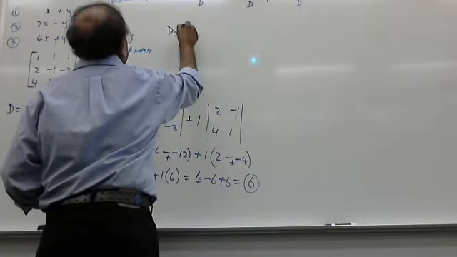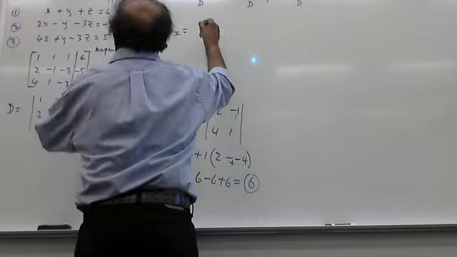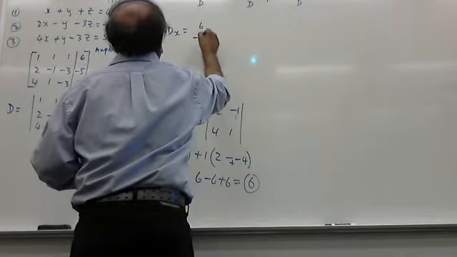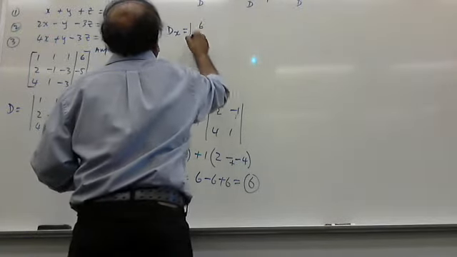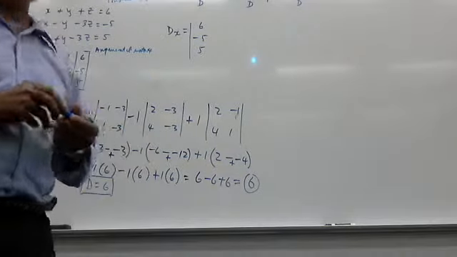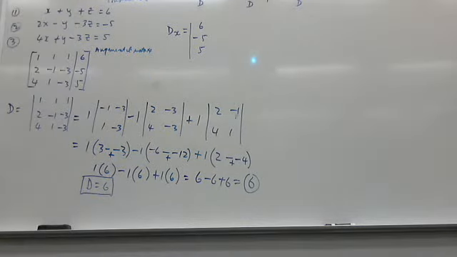D sub x is going to be equal to 6, -5, and 5. So you see what we have done there. We have replaced the column that consists of the coefficients of x by the constant column, and the other two columns, the coefficients of y and z, will remain the same.